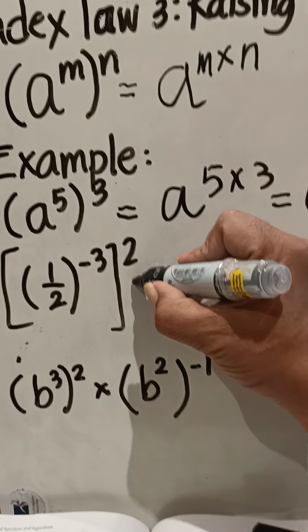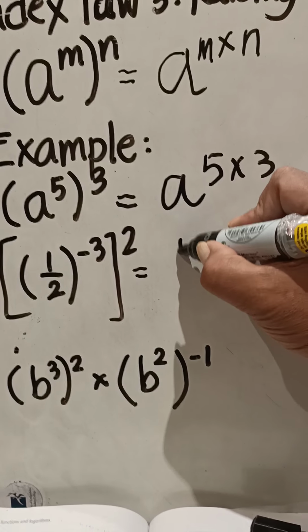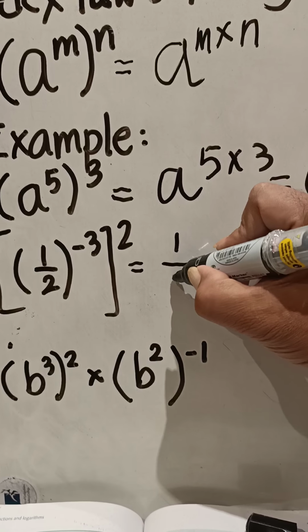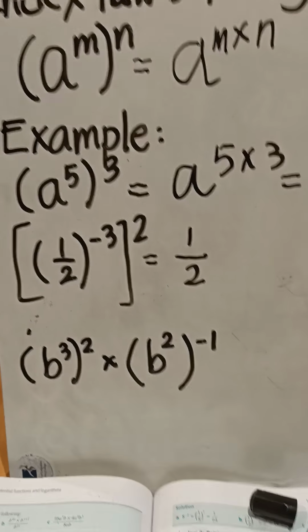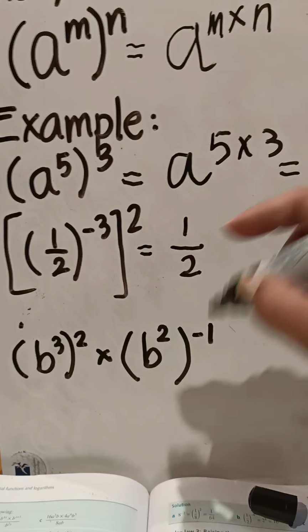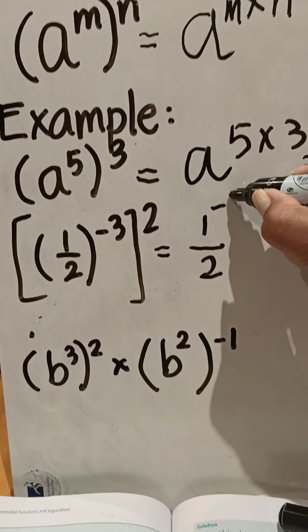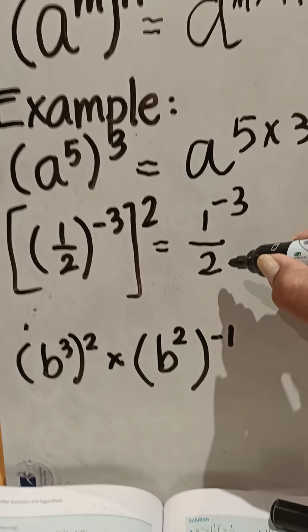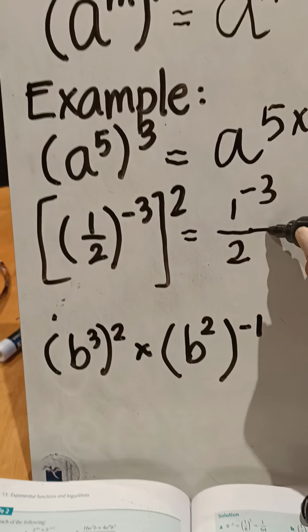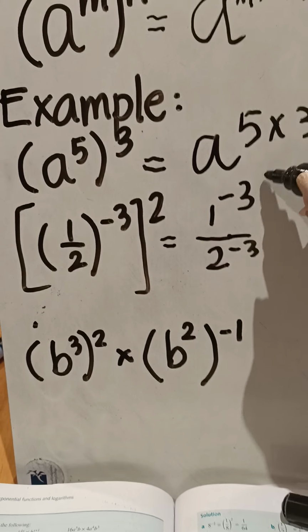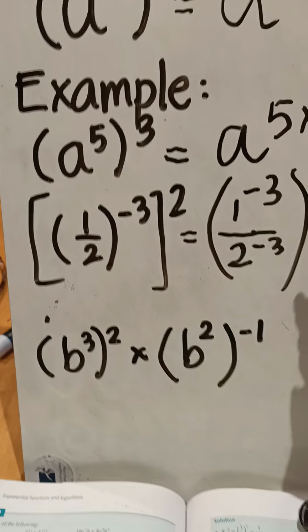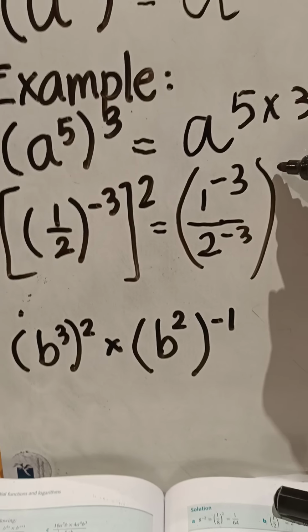So we know that the base is equal to 1/2, so write that 1/2. There'll be raised to the power at once to negative 3, 1 to the negative 3, over 2 to the negative 3, quantity squared.